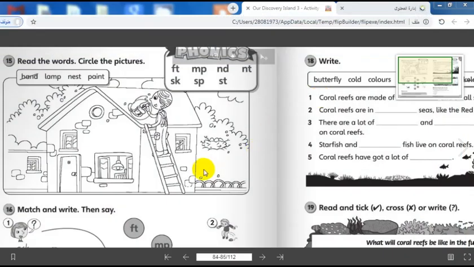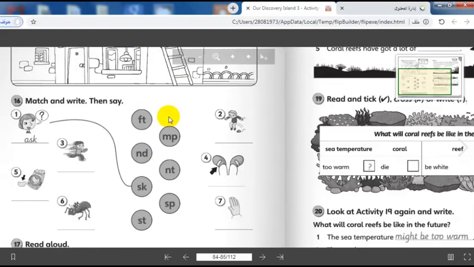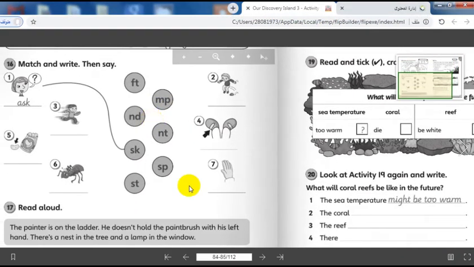Let's go to the next activity. Here we have some pictures. You have to match the consonant blends or clusters. Here you can find the word fast, that's right. What is that boy doing? He's jumping.